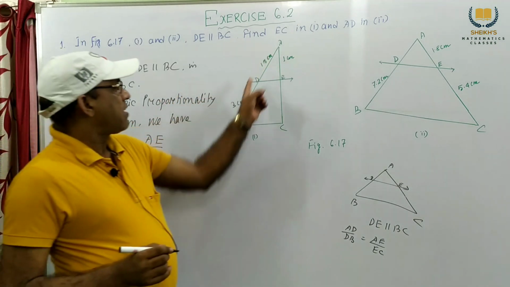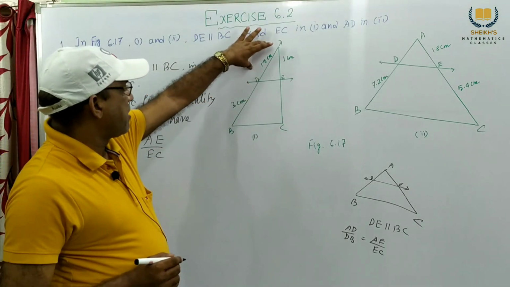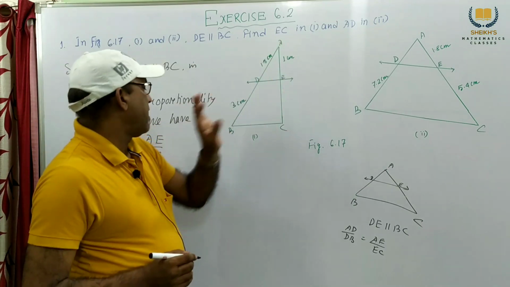So from triangle ABC, DE parallel BC, by the basic proportionality theorem we get AD by DB equal to AE by EC.